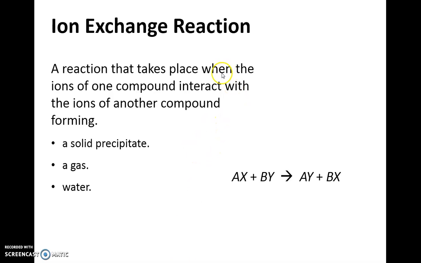It's a reaction that takes place when ions of one compound interact with the ions of another compound, and this is where they form a precipitate, a gas, or produce some water. So a neutralization reaction with an acid and a base is a type of ion exchange reaction that produces water. It can also produce a gas. Notice here we have AX plus BY turns into AY plus BX. So that X and Y have switched places.